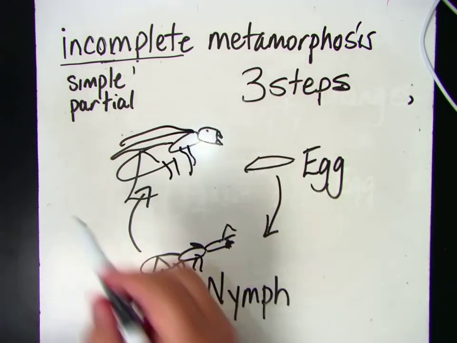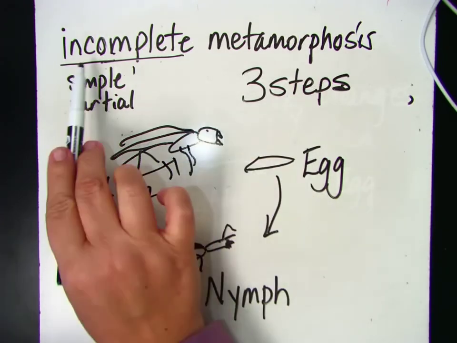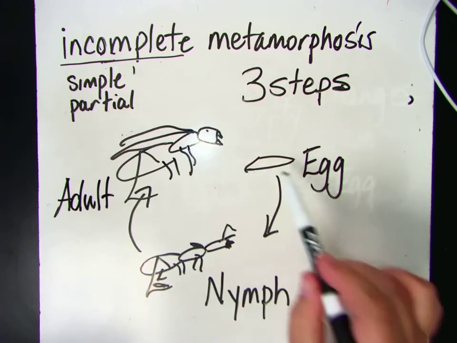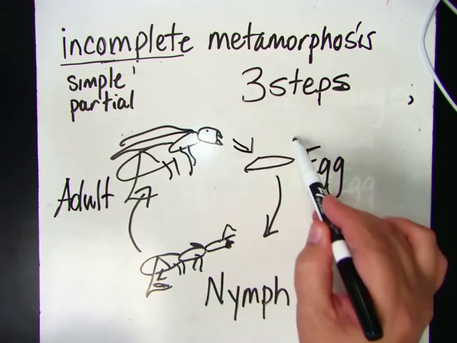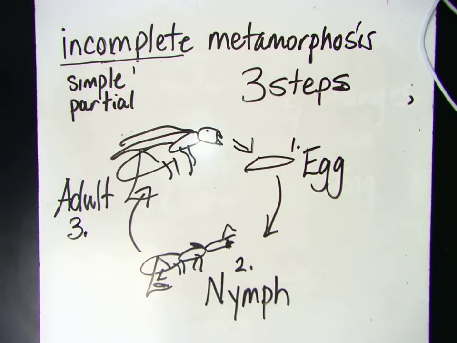And so that's the adult stage. Okay, so the 3 stages of incomplete metamorphosis goes from egg to nymph to adult. Okay, so those are the 2 types of metamorphosis that you need to be aware of.